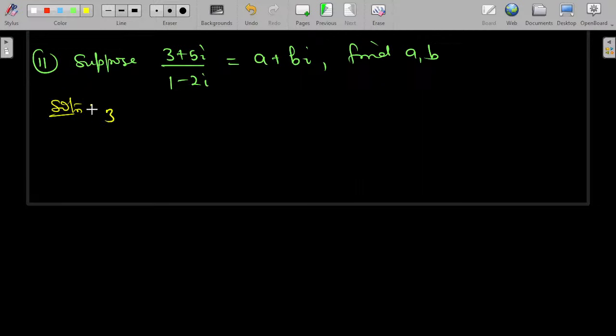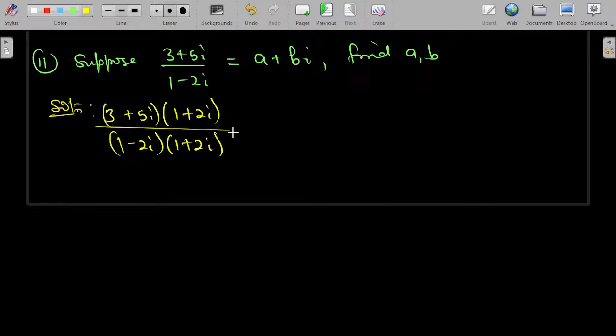So here we have 3 plus 5i will be multiplied by the conjugate of the denominator, which is 1 plus 2i, all over 1 minus 2i will also be multiplied by its conjugate. This is to balance it so that nothing will be misjudged or changed from what was originally given.